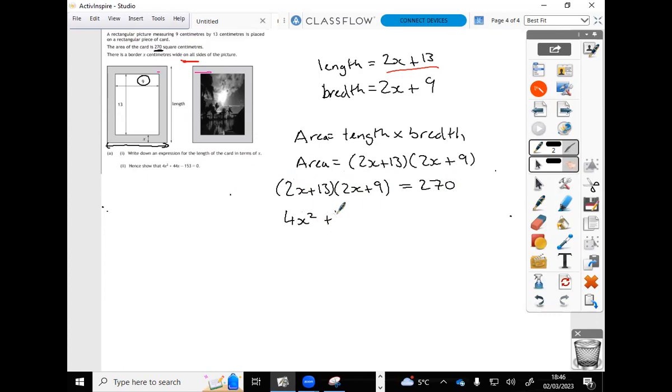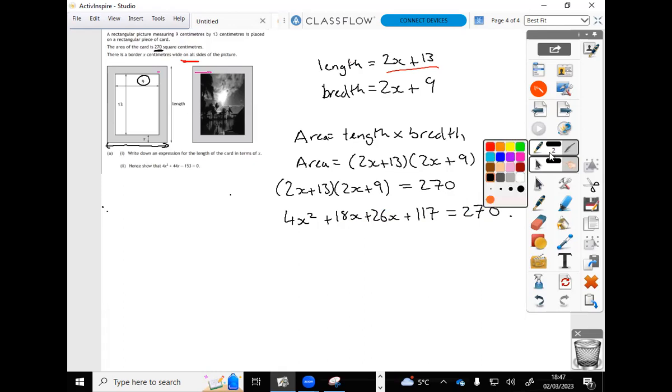Outside terms, 18x. Inside terms, 26x. Last terms, 9 times 13 is 117. 117, that is equal to 270. Remember, it's a calculator paper, so you can do that part in a calculator.